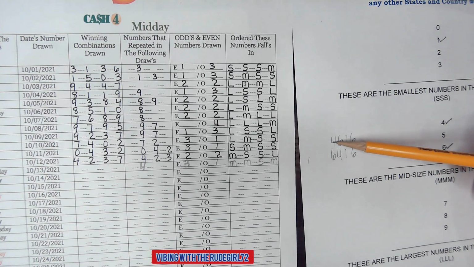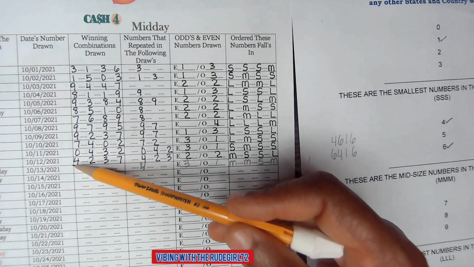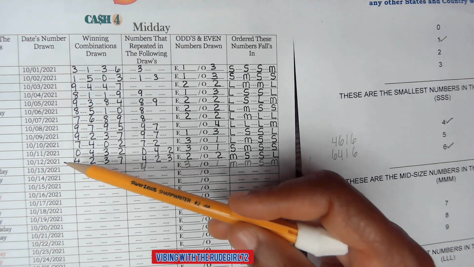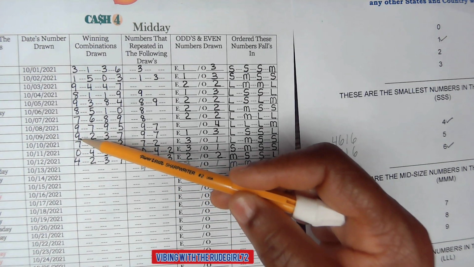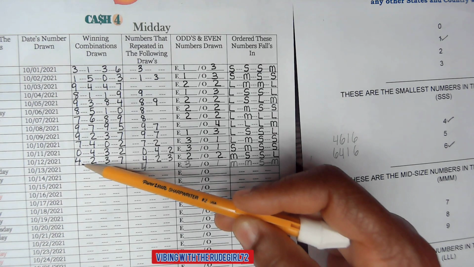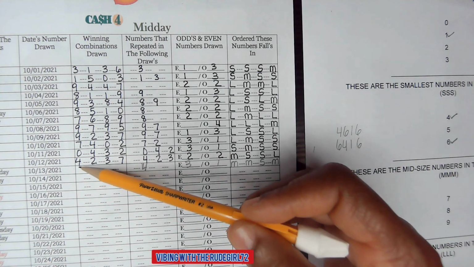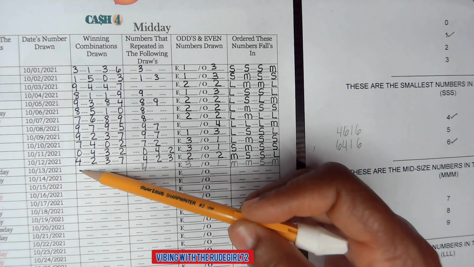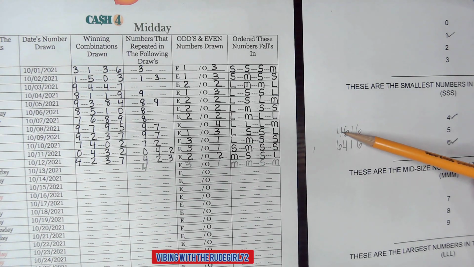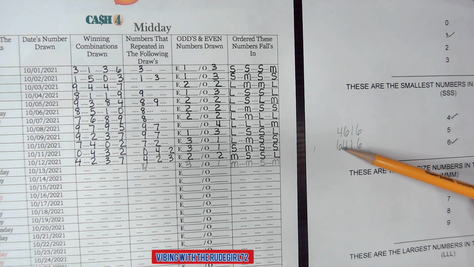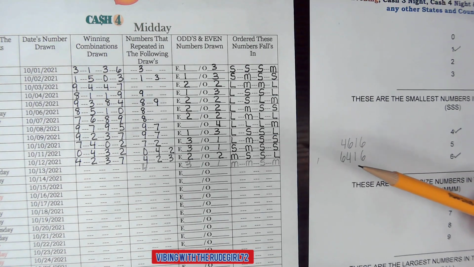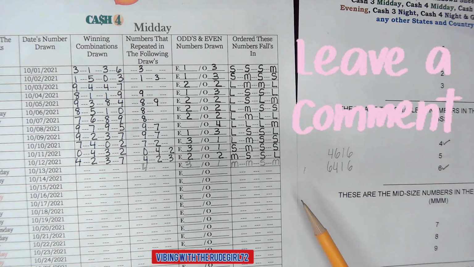Okay, I could leave the 4 where it is, because there is time when the same number stays right here, like they have the number 9 stay right here. I could do the same thing for the number 4. Or I could just put the number 6 right here. Okay, so I could have 4, 6, 1, 6, or I could have 6, 4, 1, 6, representing this exact combination right here.